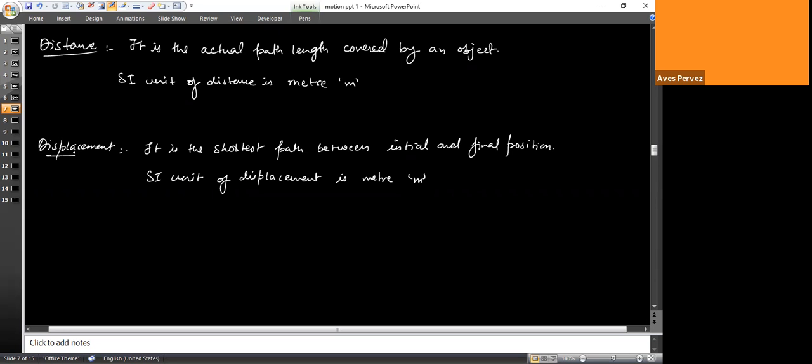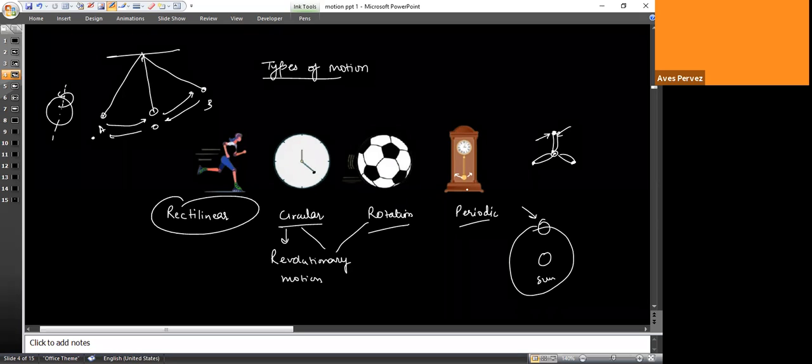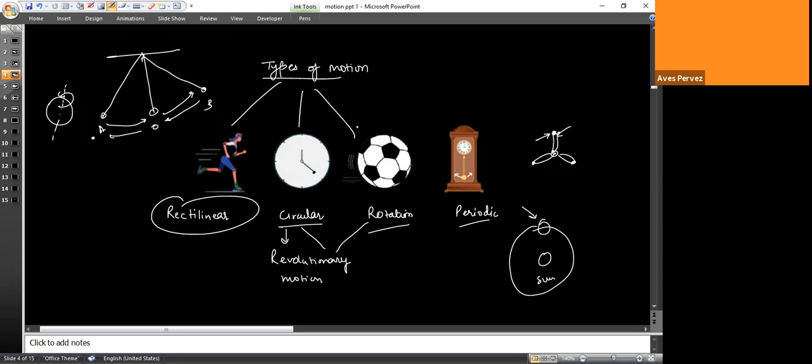We have studied types of motion regarding how the particle is behaving: rectilinear motion, circular motion, rotational motion, and periodic motion. We divided these 4 types of motion on the basis of how the particle or object is behaving.